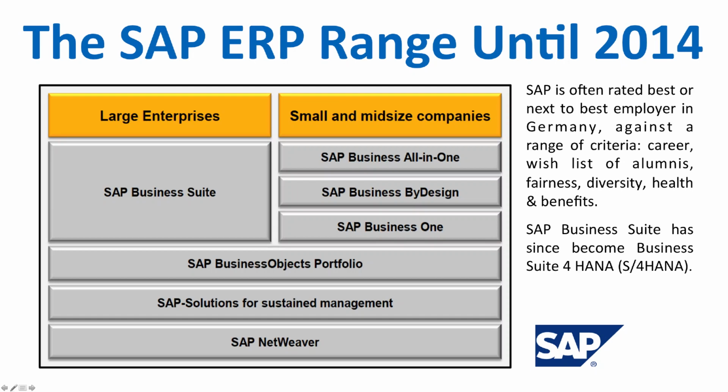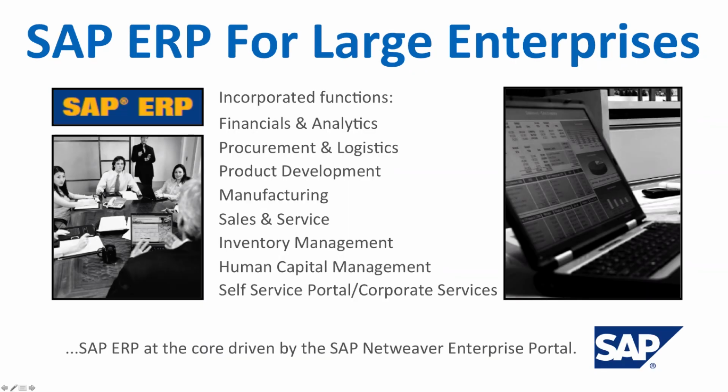And then underneath you have Business Objects for business intelligence gathering and other things, and that's all based on SAP NetWeaver, the platform. If this was a couple of years ago, those would be pretty much common packages in a lot of places. But SAP Business Suite has now become Business Suite for HANA or S/4HANA, which is what you're using in the labs.